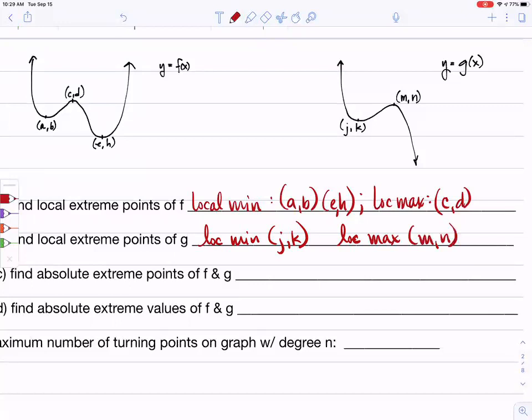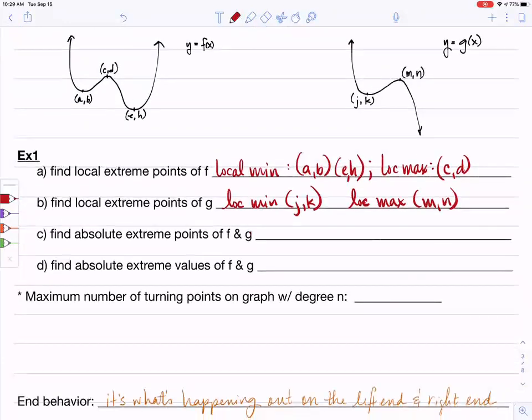Okay. All right, part C. Find absolute extreme points for both graphs. Okay. So let's see here. Sierra, what are my absolute extreme points of both graphs? I would say for F, it would be EH. What kind of an absolute extreme is it?